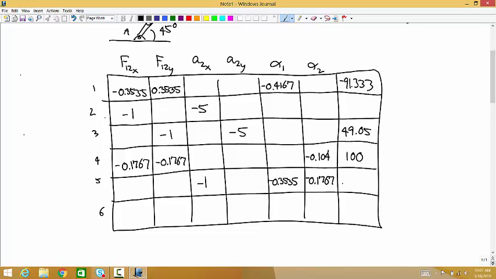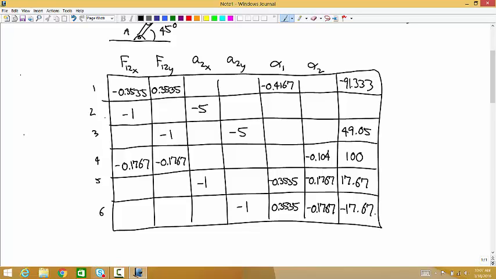And the constant is 17.67. And then equation 6, A2y is negative 1. Alpha 1 is positive 0.3535. Alpha 2 is negative 0.1767. And the constant is negative 17.67.